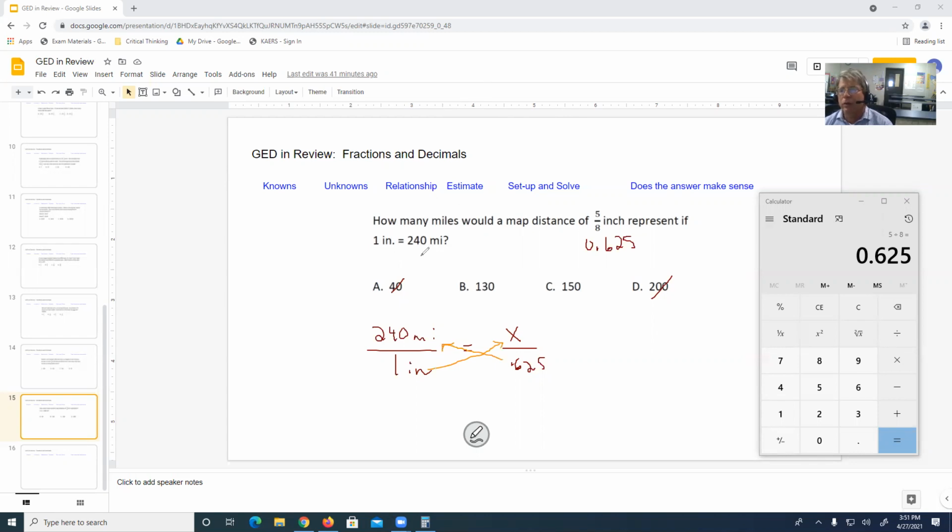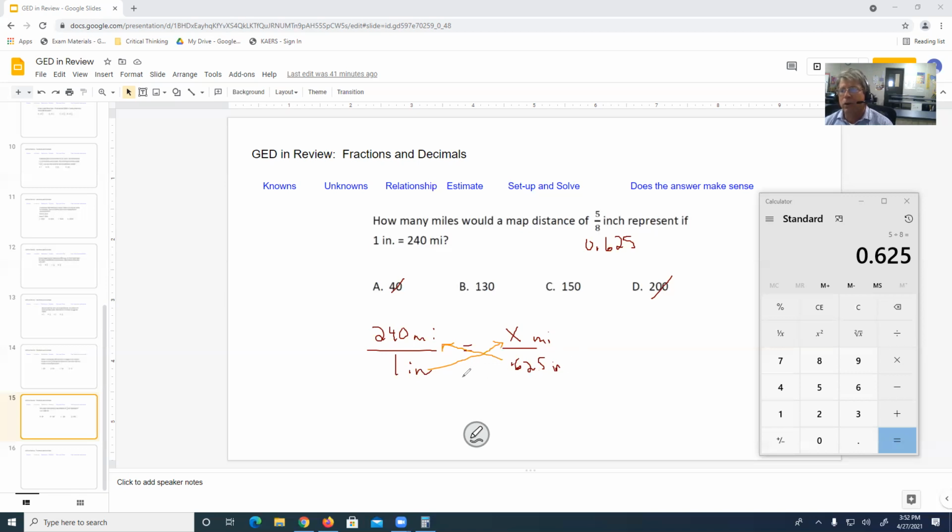So when I have a scale problem, I can use a proportion. So the 240 goes with 1 inch, and then we don't know how many miles goes with 0.625 inches. And again, what's important with proportion math is your units have to be on the same side of the fraction. Since I put miles on top, inches on the bottom, over here I still got to do miles on the top and inches on the bottom.